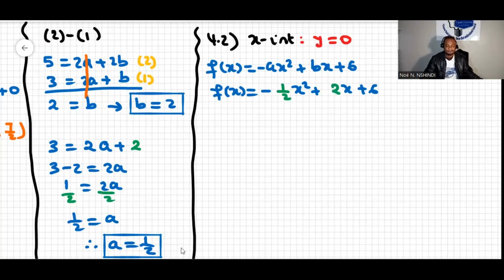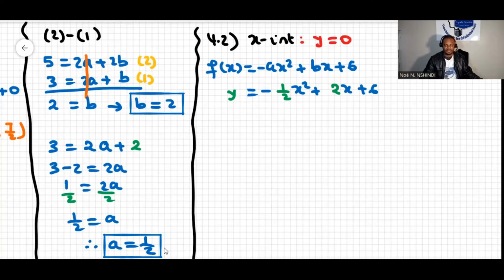The x-intercept means, as I said, we make y equal to 0. f of x is the same thing as y, so instead of writing f of x here, I can just write y.